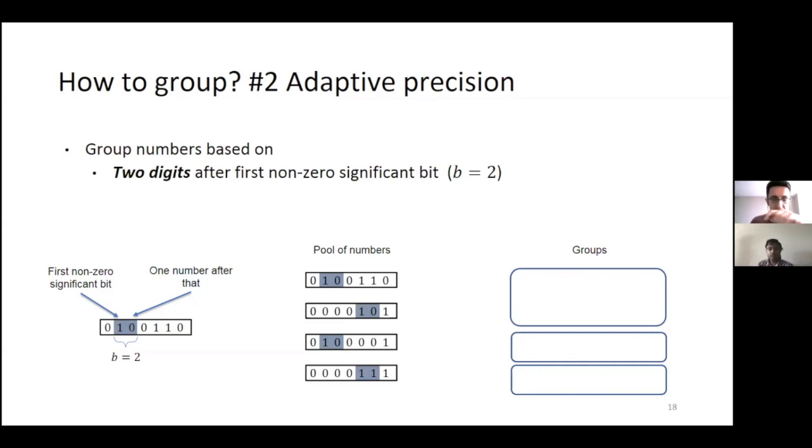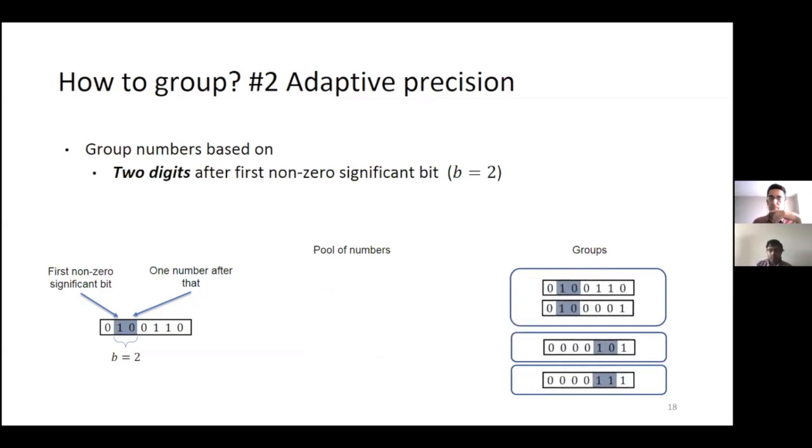Again, I have the same pool of numbers that I had in the previous example, and I will group them again. As we can see, those two numbers in the bottom are in different groups. So this is the way the size of the group changes when we increase the B.